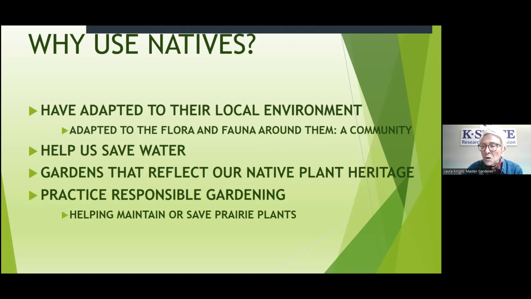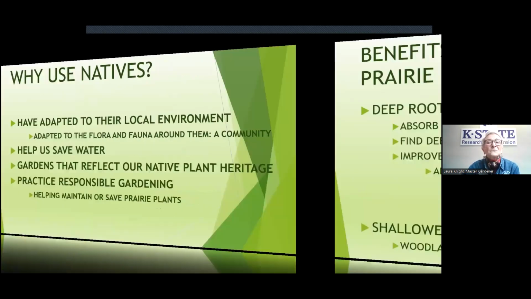And the word community comes up. And this is how most people that are writing about naturalistic gardening, or the term might be matrix gardening, prairie gardening, native gardening, they use the word community. Plants like to make friends with other plants.